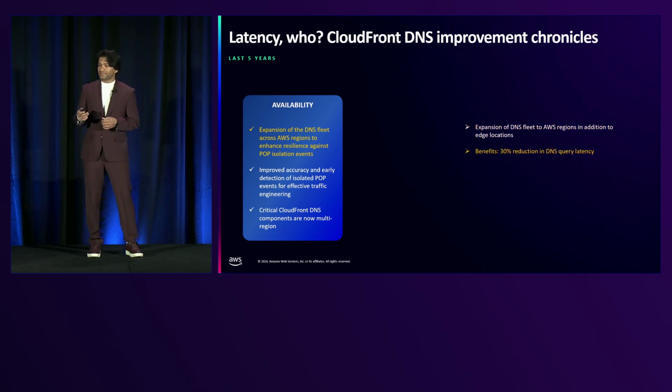What it means is we are now hosting CloudFront DNS in edge POPs, but also outside of edge POPs in AWS regions. And this is great because if an issue arises with an edge POP, or even an AWS region for that matter, other AWS regions can continue handling DNS requests, minimizing the impact on availability.